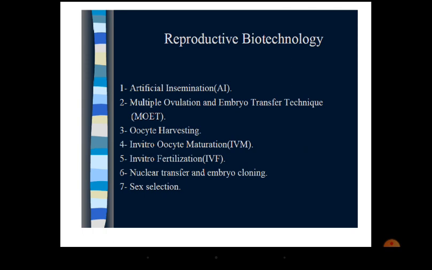Normal selection means good numbers of animals are there, you measure the character, pedigree records are kept, identify and select the animals which are giving more milk or more egg or more meat, and allow only the selected individuals to breed by the natural service method. This comprises the conventional method.